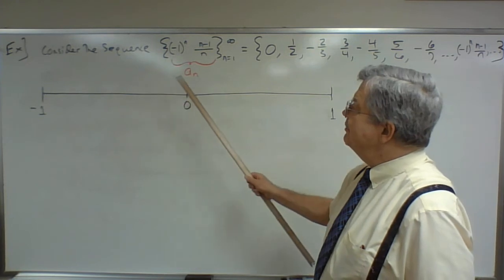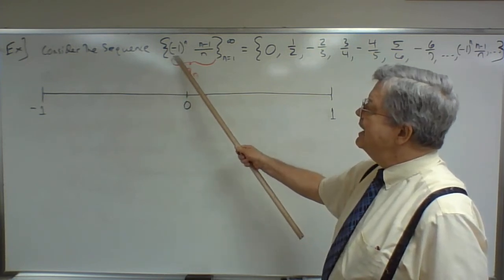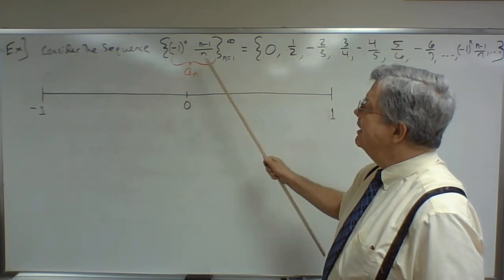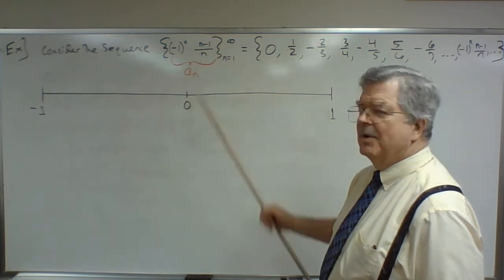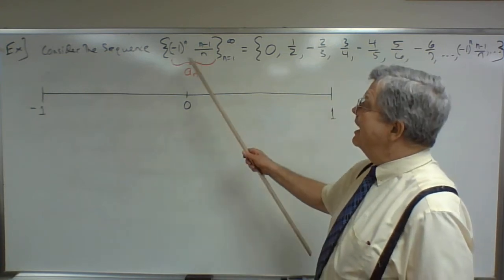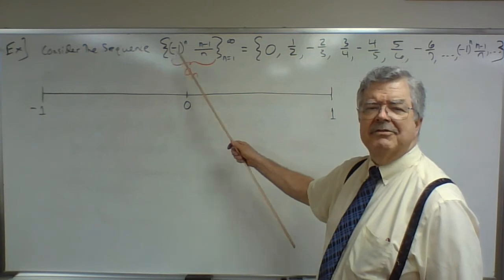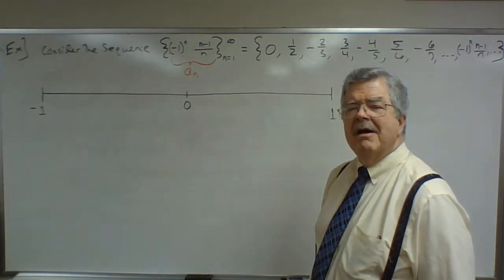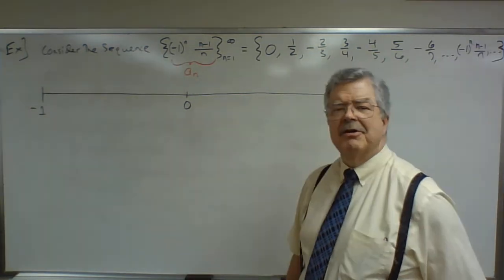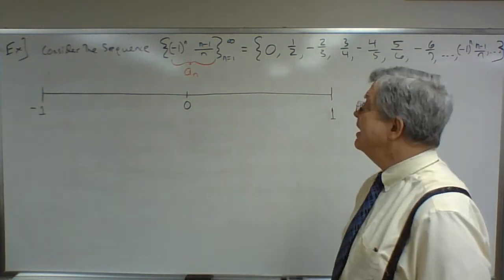Consider the sequence where the nth term a sub n is given by negative 1 to the n times n minus 1 over n. And let's acknowledge first that the negative 1 to the n just serves the function of changing the sign of each term alternately from negative to positive.